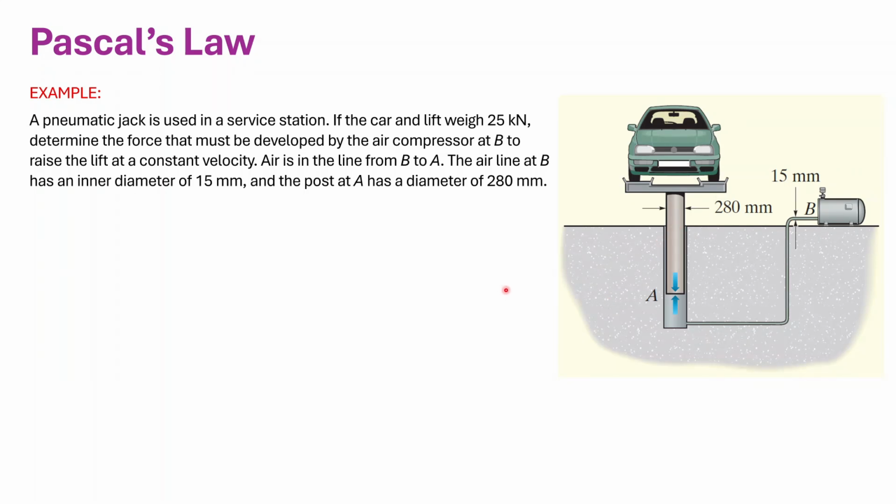Air is in the line from B to A. The air line at B has an inner diameter of 15 millimeters, and the post at A has a diameter of 280 millimeters. So the diameter of this post is 280.